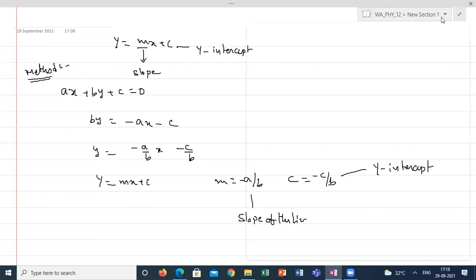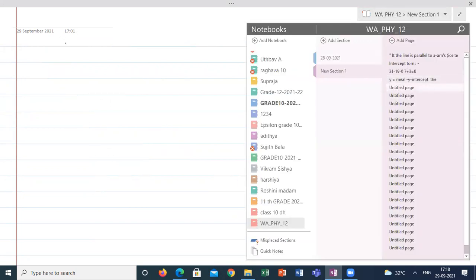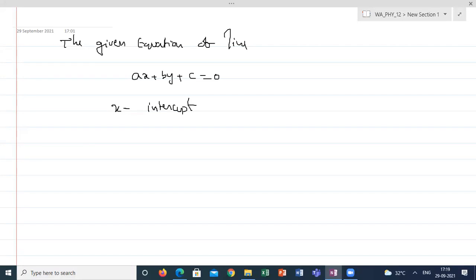Suppose I'm giving an equation of a line, ax plus by plus c is equal to 0. Again, if I'm asking what is its x-intercept and what is its y-intercept. What is the meaning of x-intercept? Where the y-coordinate is 0.